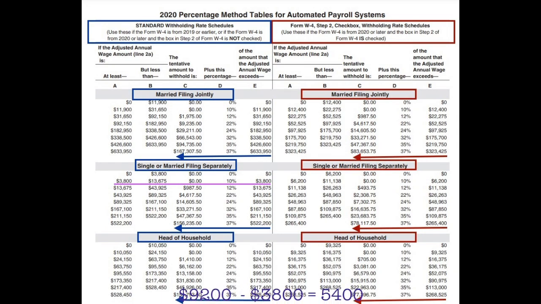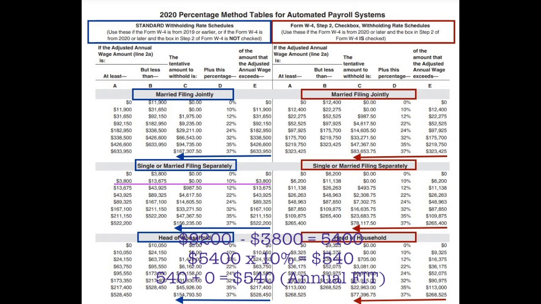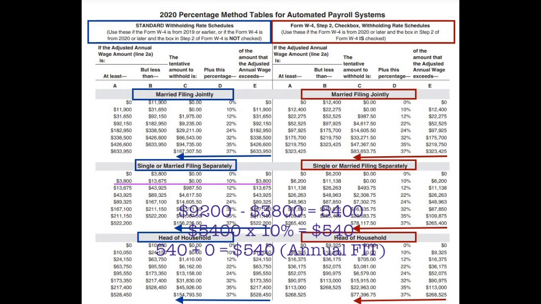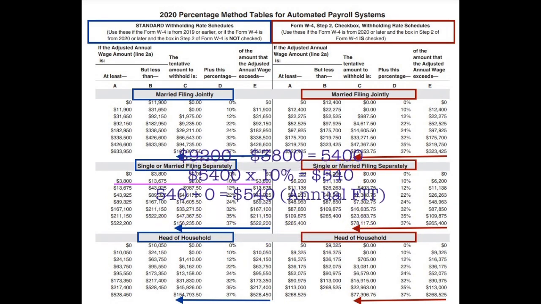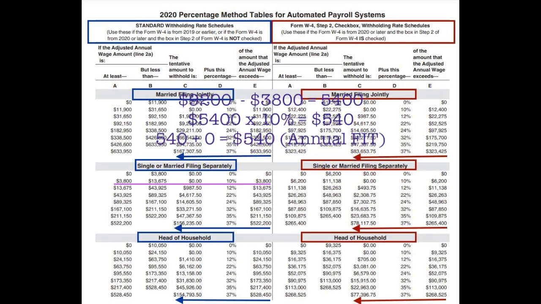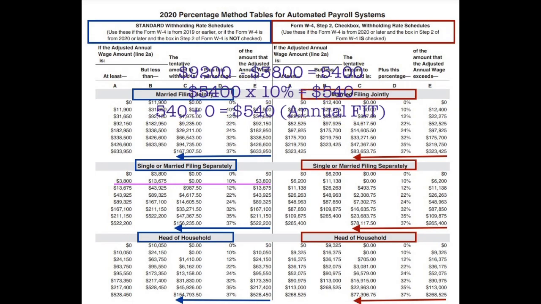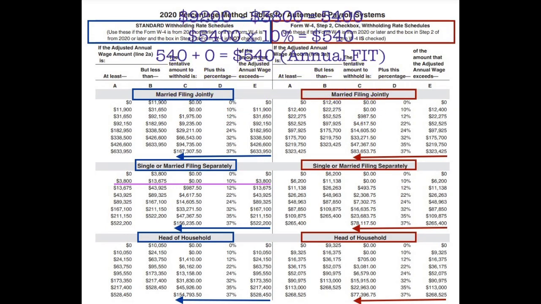So $9,200 minus $3,800 gives us $5,400. 5,400 times 10% is 540. 540 plus 0 is again 540. So our annual federal income tax to be withheld for the whole year is $540.